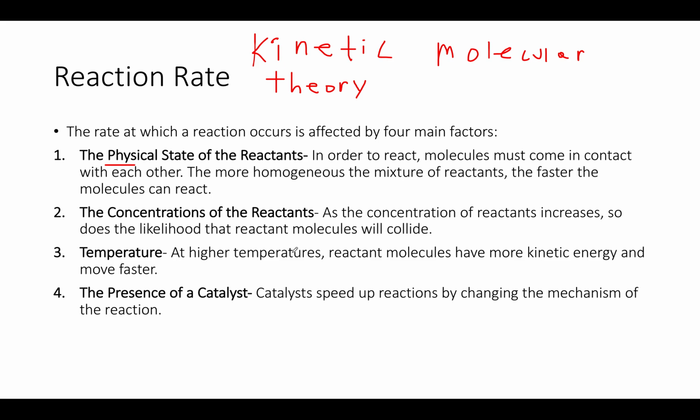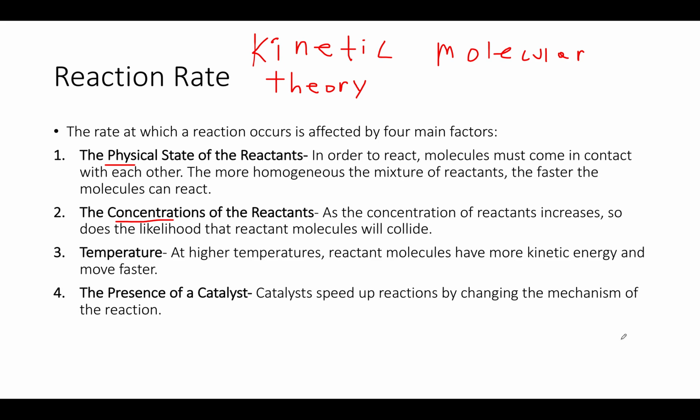And when the reaction mixture is more homogeneous, meaning they're more similar in chemical composition, the reaction can go to completion faster. This is also true with the concentrations of the reactants. When you increase the concentration of reactants, you're going to increase the chance that those molecules will collide.